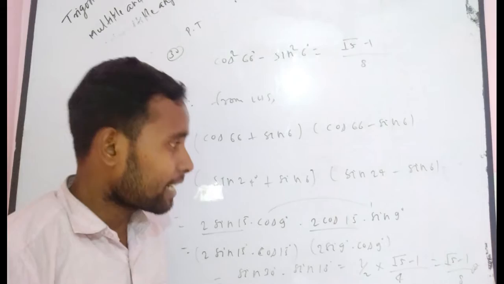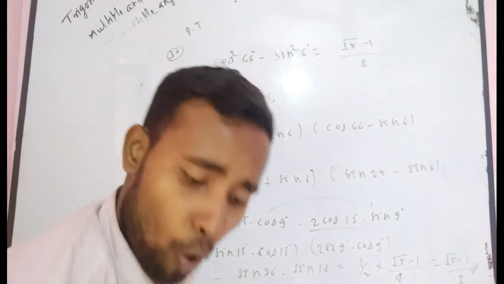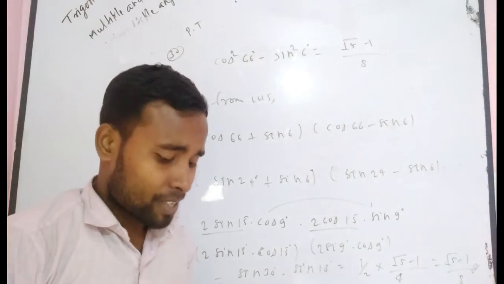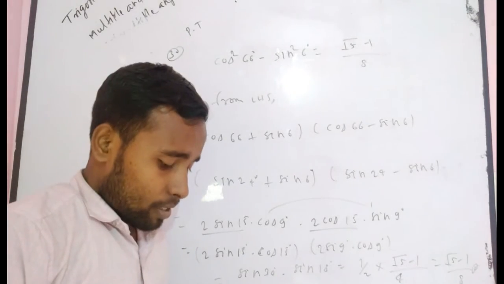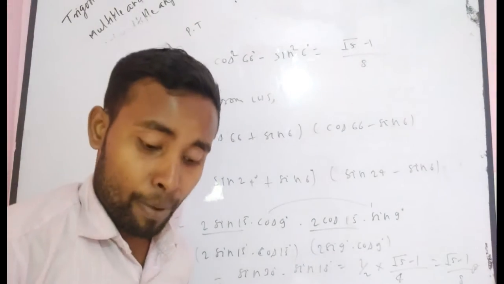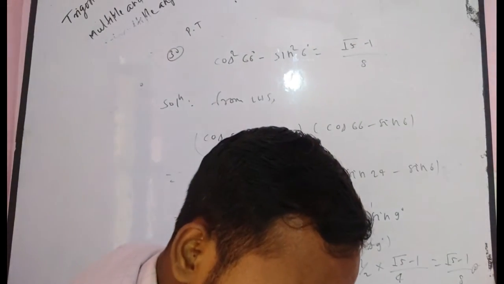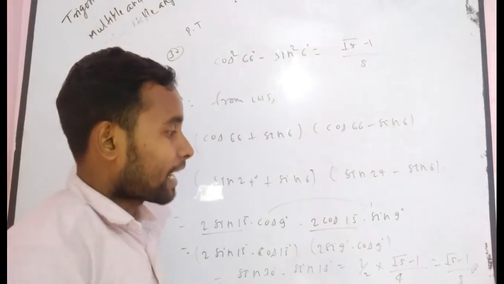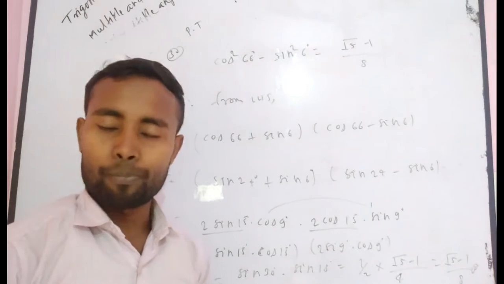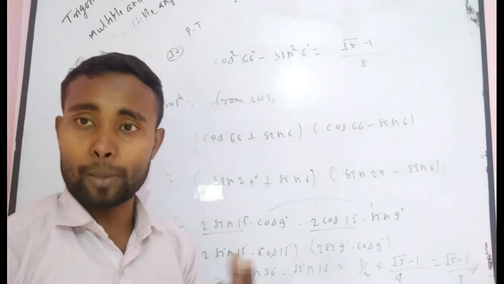I think you understand how you can solve this kind of problem. Firstly, you have to simplify the given expression in such a way that you know the value of that angle. According to the previous class, you know the value of only some particular angles such as 0 degree, 30 degree, 60 degree, 45 degree, 90 degree.